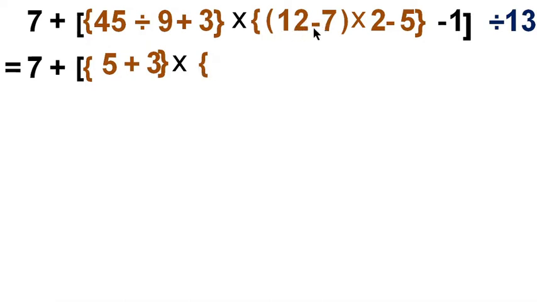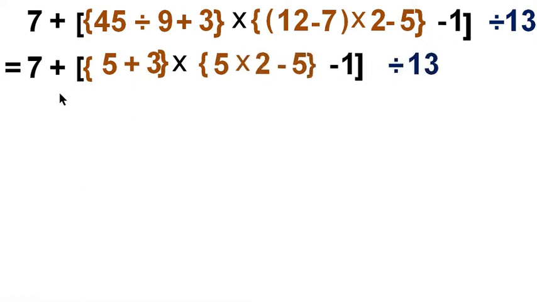In this first bracket we can subtract 7 from 12. If we subtract, our answer will be 5, or difference will be 5, and all these will be written here same. In this line we must solve second bracket here.